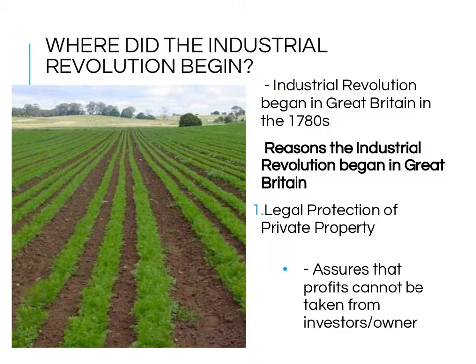If you're going to start a business, which is risky, you're going to want to know that if you're successful, you can keep most of the profits, and they can't be taken from you under laws or anything like that. And so the fact that Britain already had laws in place that protected people's businesses meant people were more willing to take a risk to start a new business, which is what really fueled industrialization.